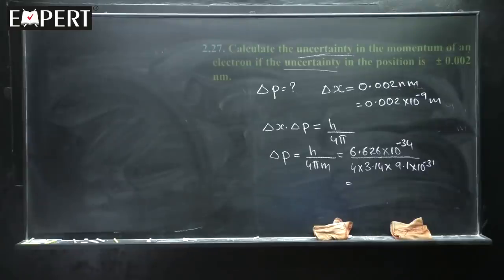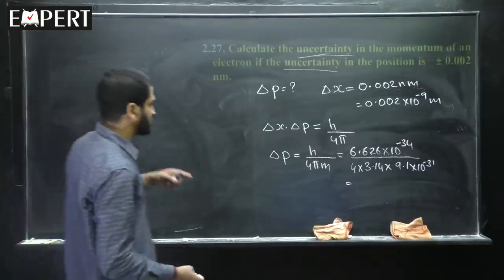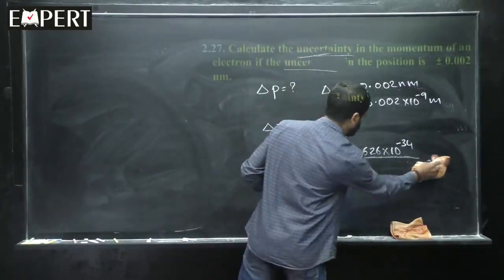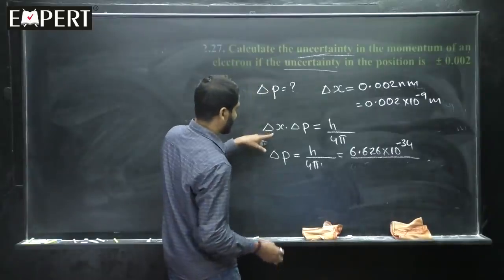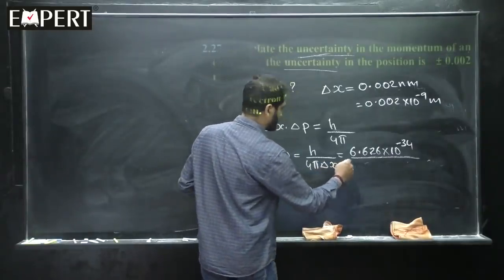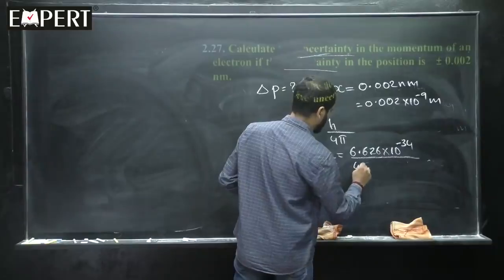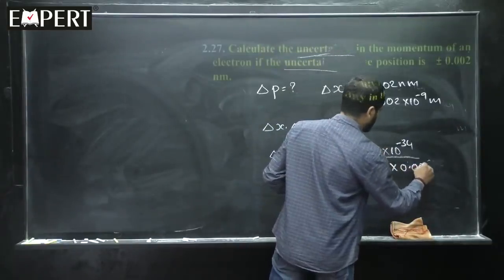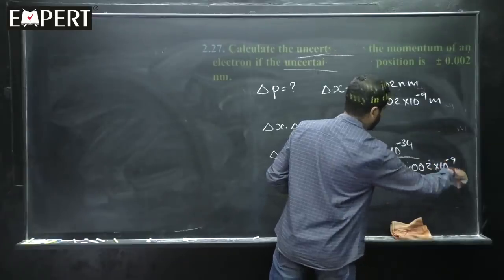There is a mistake. Sorry, my mistake, it's 4 pi delta x, right? This is delta x. So here the value of delta x is 4 into 3.14 into 0.002 into 10 to the power minus 9, my mistake, sorry.